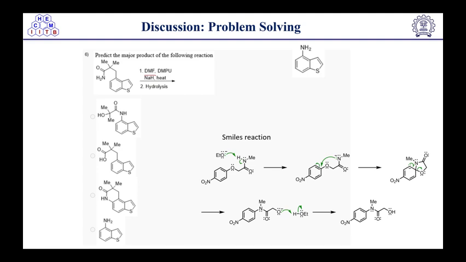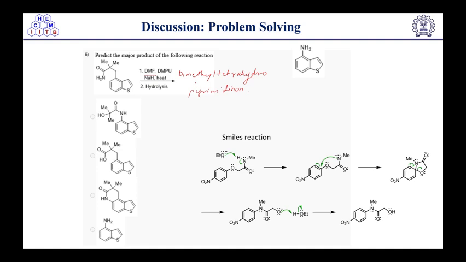Okay. So what is DMPU? Anyone? So DMPU is an organic reagent which is named dimethyl tetrahydropyrimidinone.